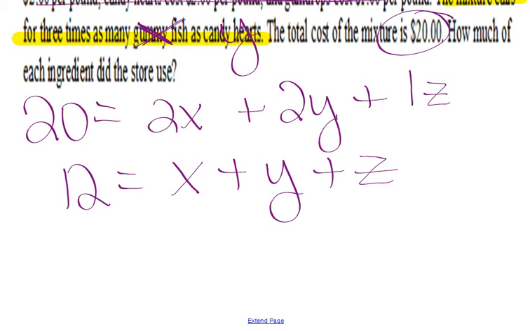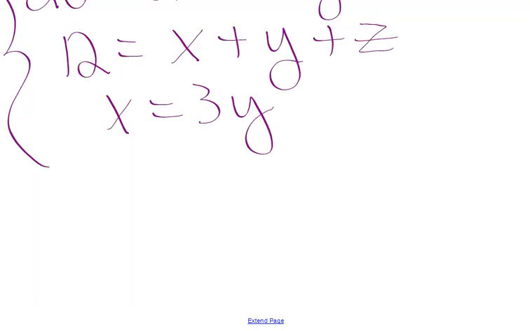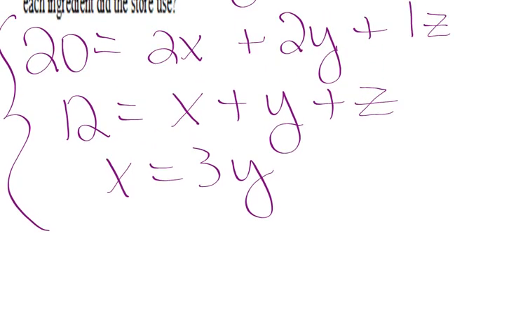So that means the gummy fish, which is X, is equal to 3 times the candy hearts. So there's our system with 3 variables. Okay? So there's the first part, is we just have to create the equation.